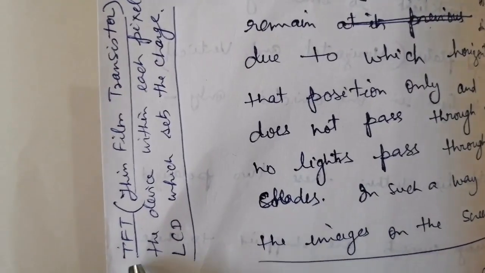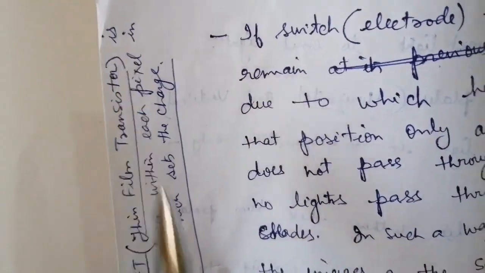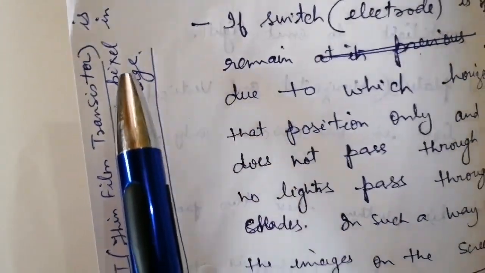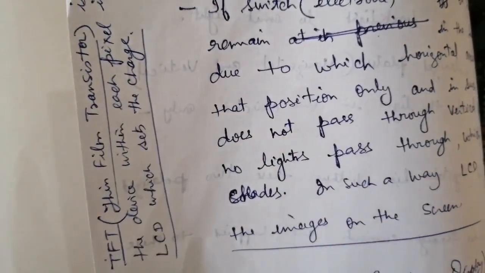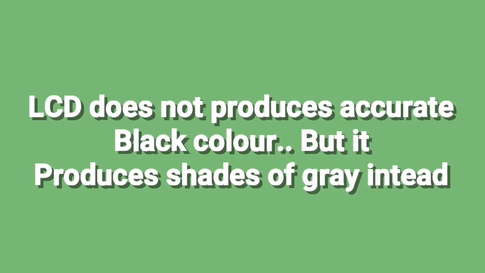See here, TFT, that means thin film transistor, is the device within each pixel in LCD which sets the charge for the crystals, right? So this is how LCD works, but still it does not produce the accurate black color.